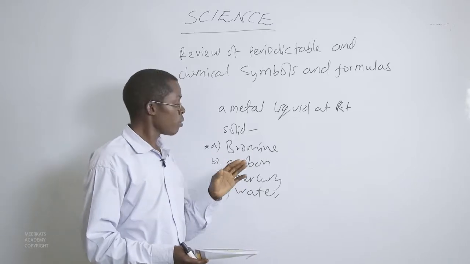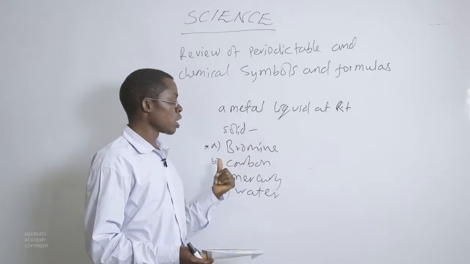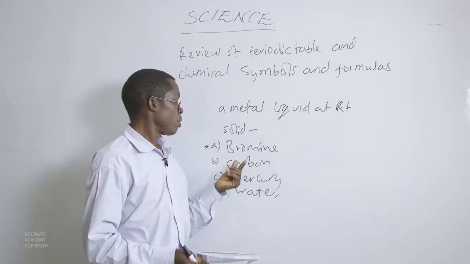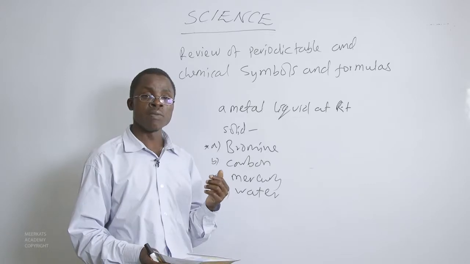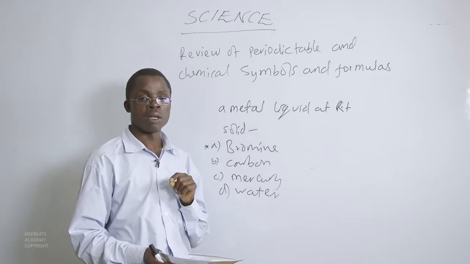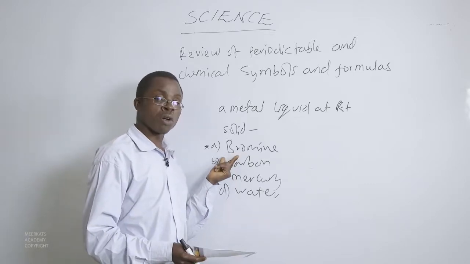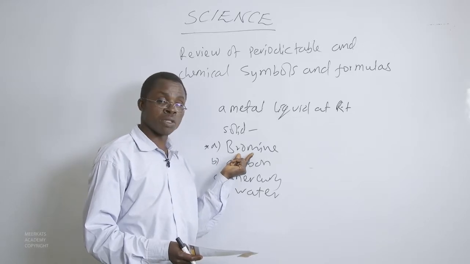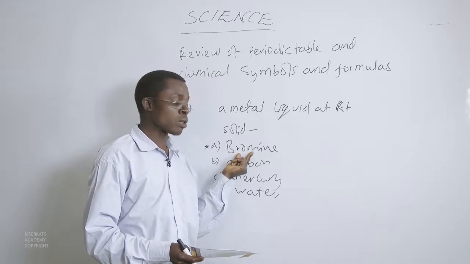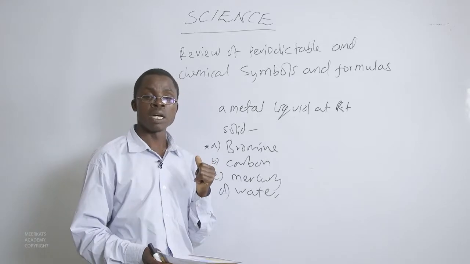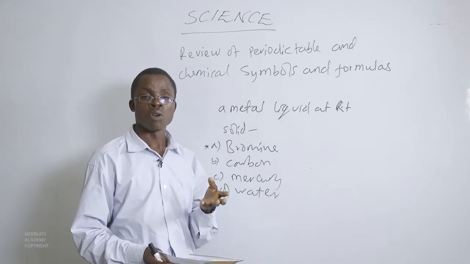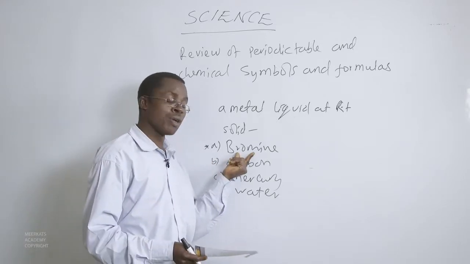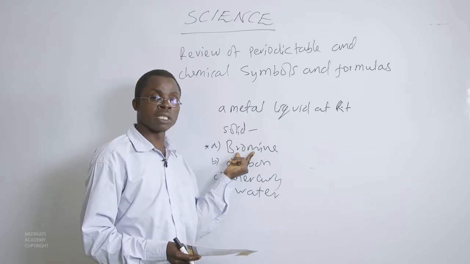But as I've said, we also need to understand something to do with the other responses. Bromine is a confusing part here, because it is the only nonmetal that will exist as a liquid under normal conditions. It is a nonmetal, but exists as a liquid.